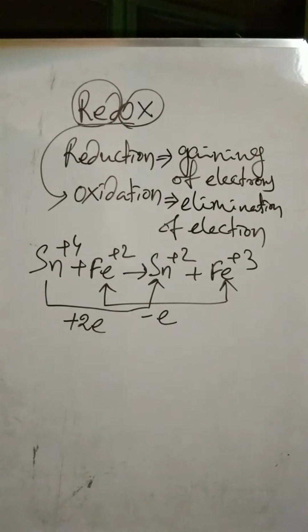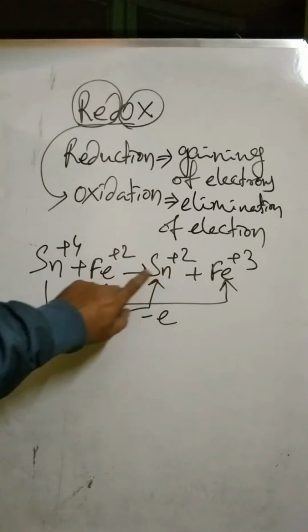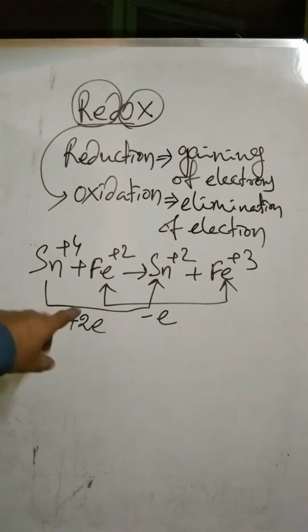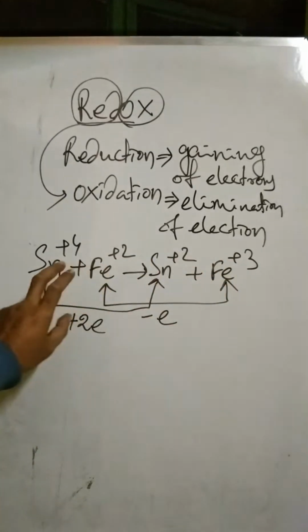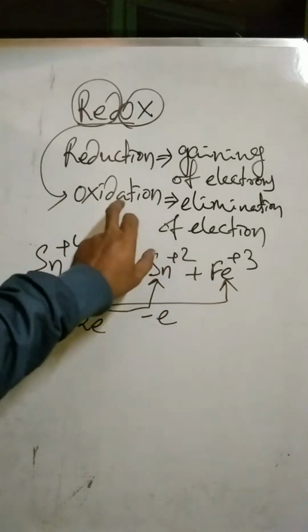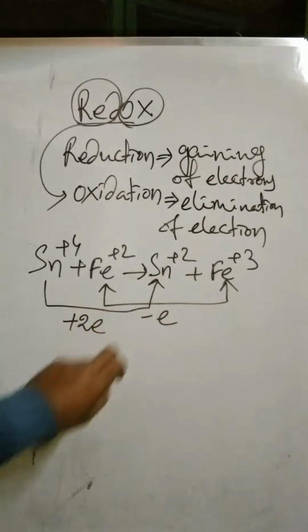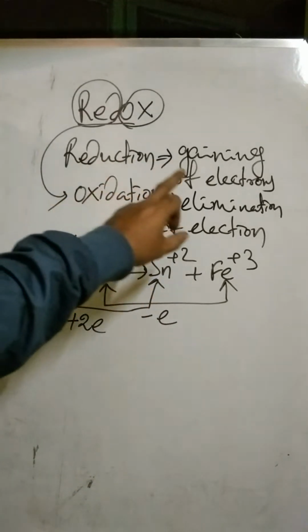So when electrons are added, the positive charge associated with the ion will be decreased, and when an electron is released, then the positive charge will be increased. So the process of release of electrons is called oxidation, and the process of adding of electrons is called reduction.